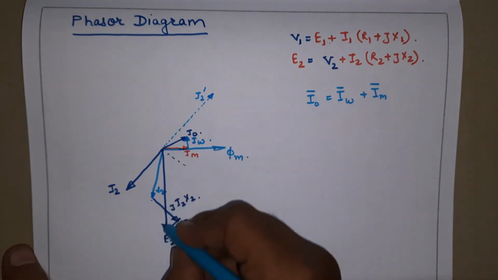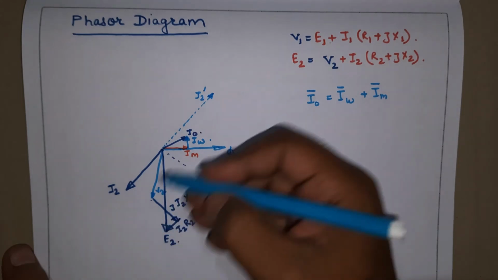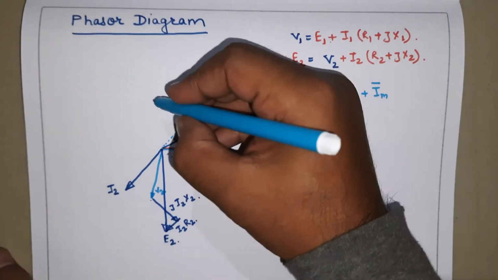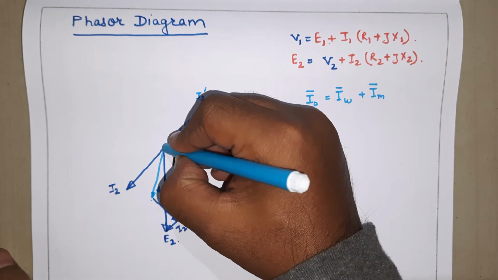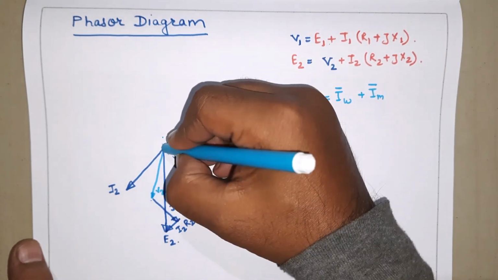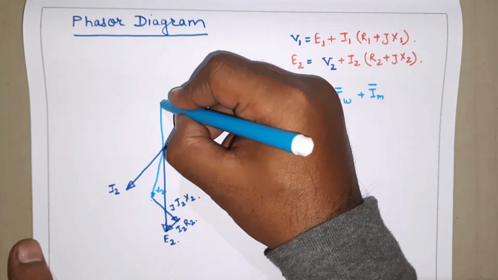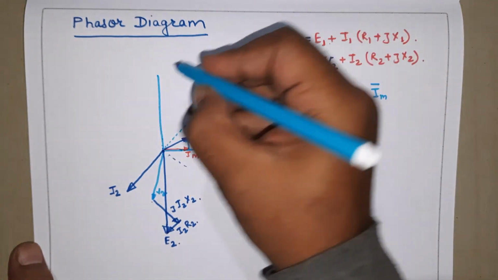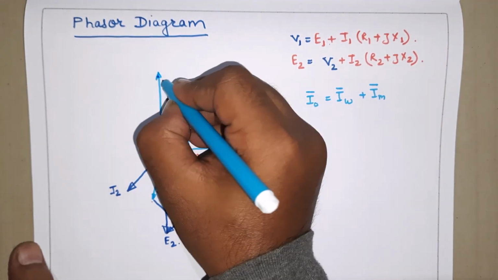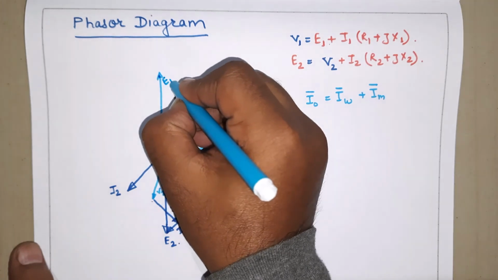And then next, when this vector E2 is referred to the primary side, it will become E1, this is E1.